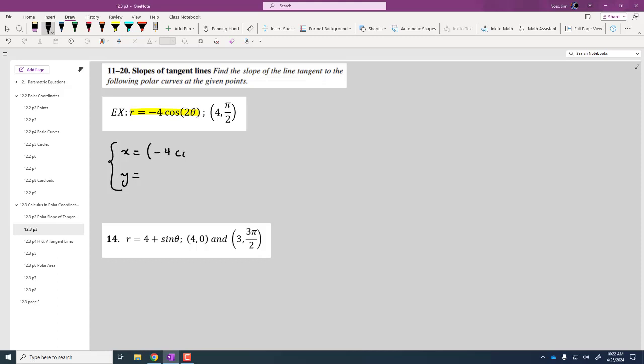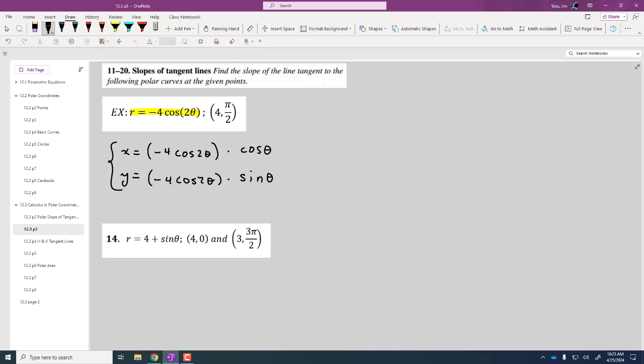I'll keep it in parentheses just to give it some emphasis. So r times cosine theta and r times sine theta. So that is the parametric representation of the polar curve. If you go to Desmos and graph this in parametric form, you get the same graph. They're equivalent.